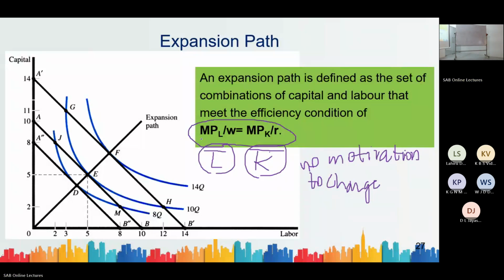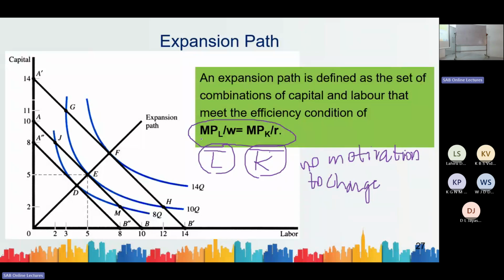Got it? So when MPL over W is greater than MPK over R, the firm will tend to increase labor input while decreasing the capital input.